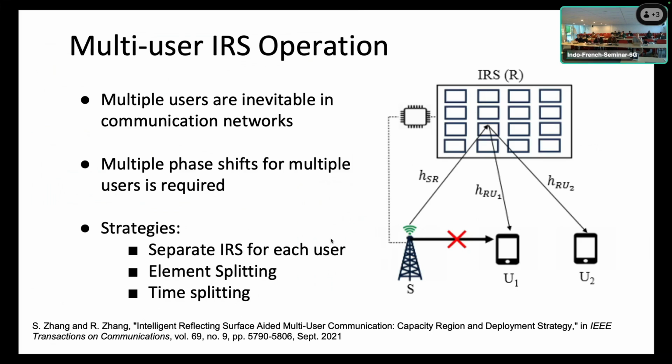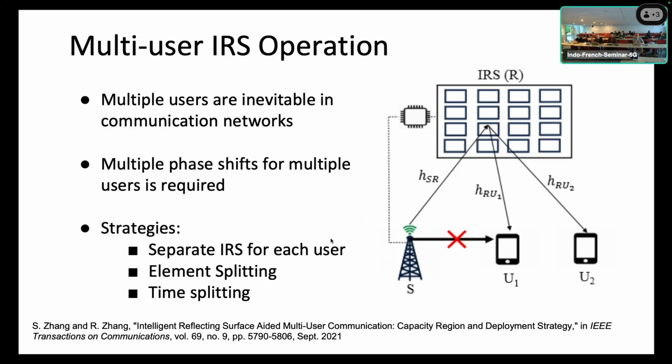When we have multiple users, from the base station to the IRS it would be a single channel, the same channel, and the signal goes there. The difference comes from the IRS to user 1 and the IRS to user 2.